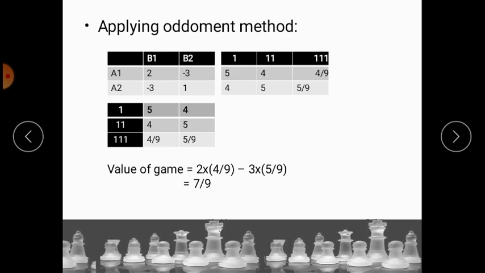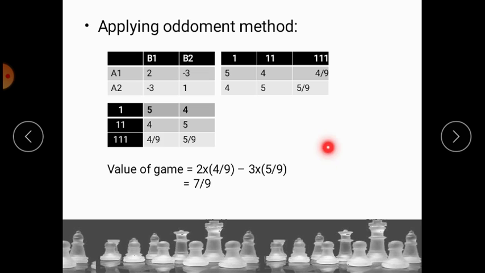Now let's see how. After applying the ornament method for the matrix, we conclude that the value of the game will be 2 into 4 by 9 and minus 3 into 5 by 9, right? So according to the value of the game, we have to add those values.